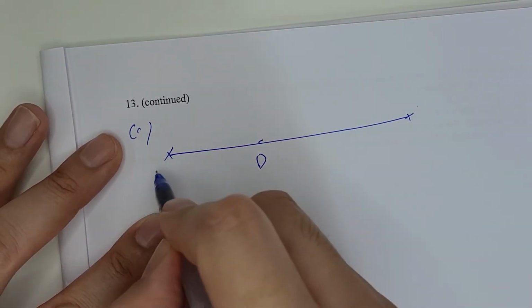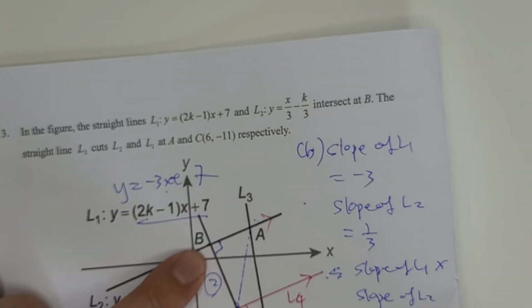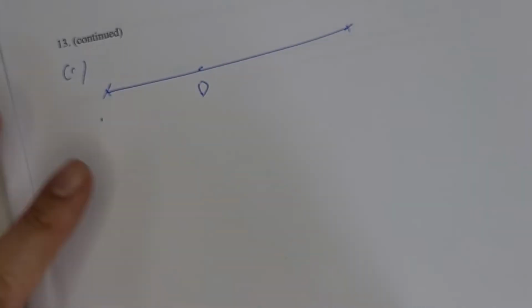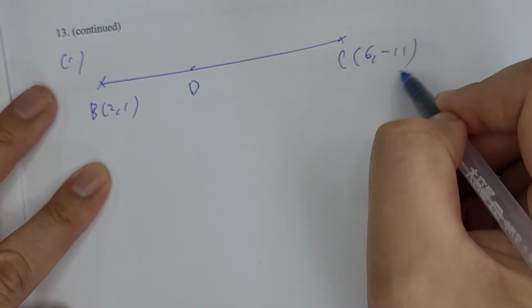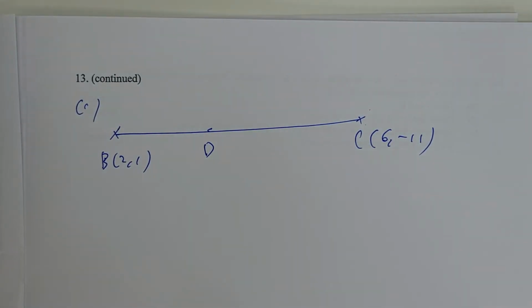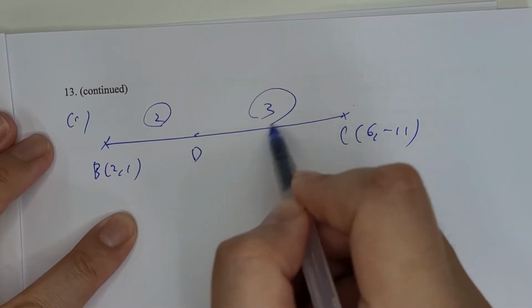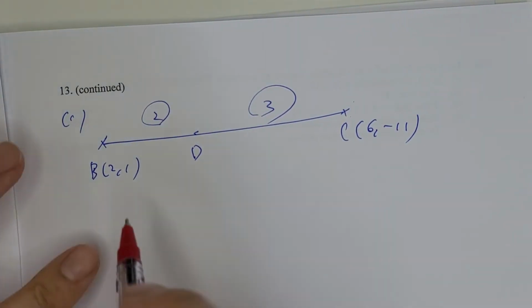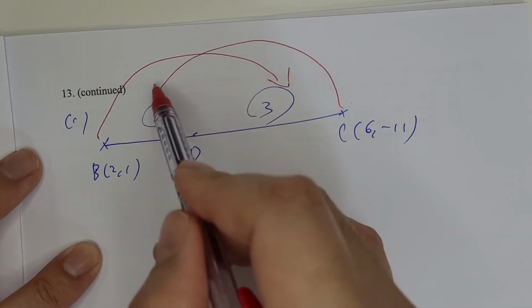Point D is here, and then look at point B, that is (2, 1), and point C, that is (6, -11). So in ratio 2 to 3, for point B you need to multiply by 3, and for point C you multiply by 2.